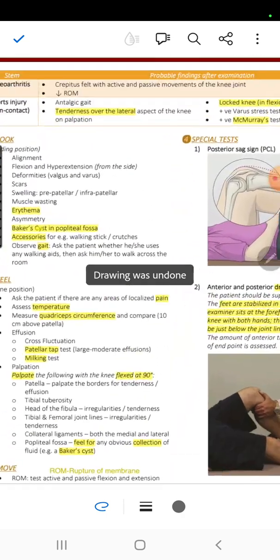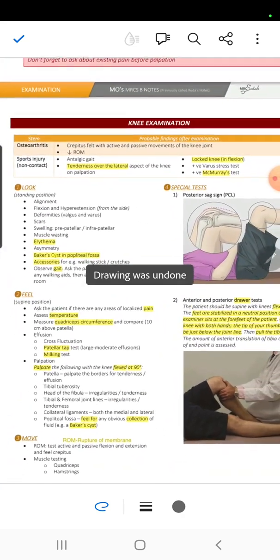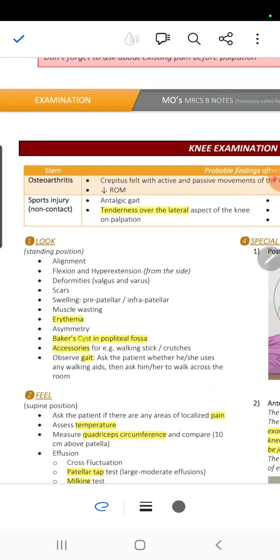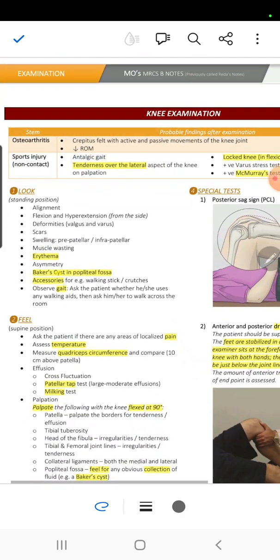Now we'll be starting with knee examination. Here we'll get two types of scenarios. One can be an osteoarthritis case, a case of chronic knee pain, and the probable findings can be crepitus, which can be felt with both active and passive movements of the knee joint, or decreased range of motion.